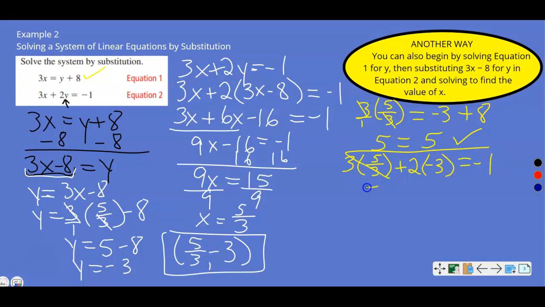Again, this cancels and gives me 5. 2 times negative 3 is negative 6. 5 minus 6 is negative 1. Negative 1 equals negative 1, so that works as well. So what that means is that 5/3 and negative 3 is a solution to both of the equations, which means it's a solution to the system of equations.